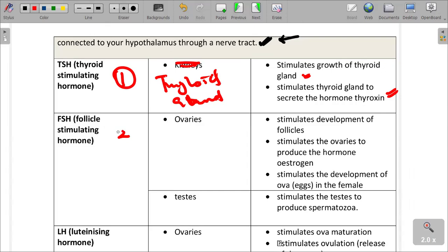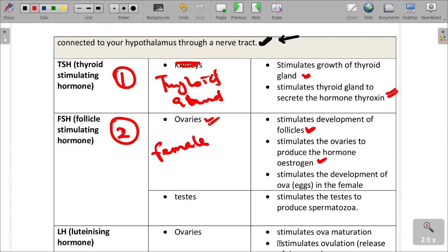Number two, we have the follicle stimulating hormone, which targets the ovaries in females, stimulating the development and maturation of follicles. It stimulates the ovaries to produce the hormone estrogen, which is produced as a result of the follicles maturing.